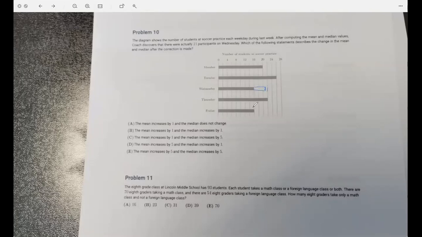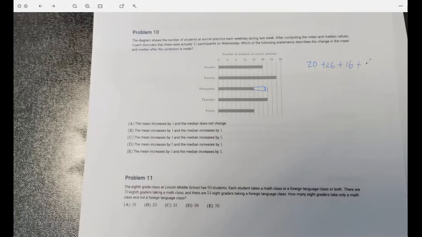They want to know which of the following statements describes the change in mean and median. So what is the mean? The mean is the average of them, right? So the mean should equal to: Monday is 20, Tuesday is 26, Thursday is 21. So now here is 60, right?